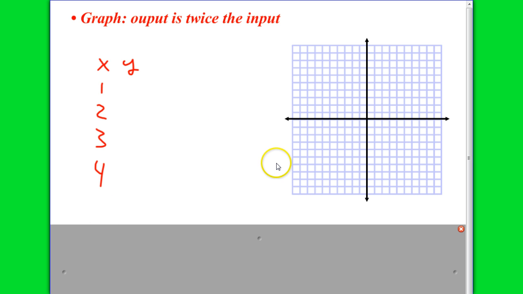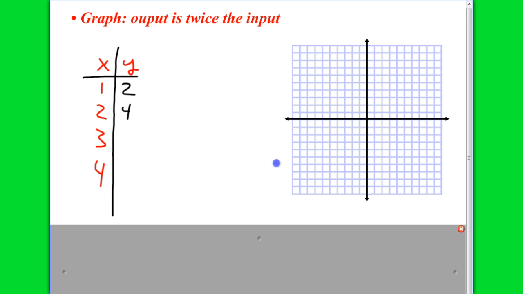Start making a table. We can begin with just basic numbers near the point of origin. And so if the output is twice the input, and the input is 1, what is the output? 2. And if the input is 2, the output is 4.